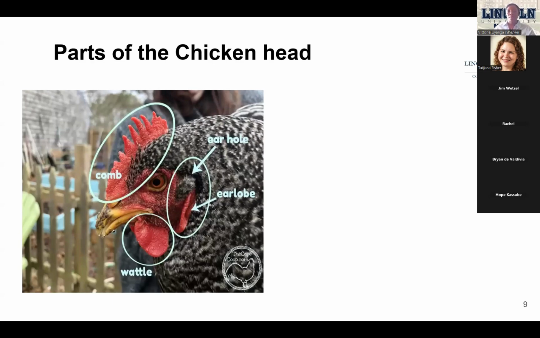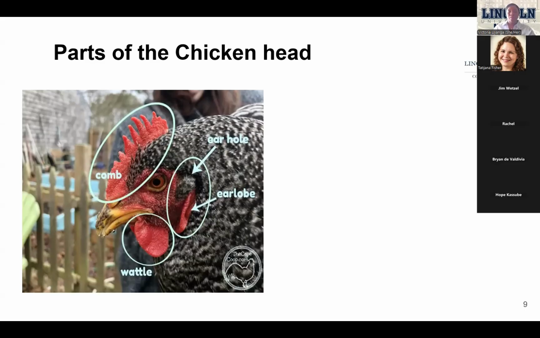They serve various functions, especially with body temperature regulation, and they are also a sign of health. So, having the comb, having the wattle, these are key features on the head, and they have physiological roles.